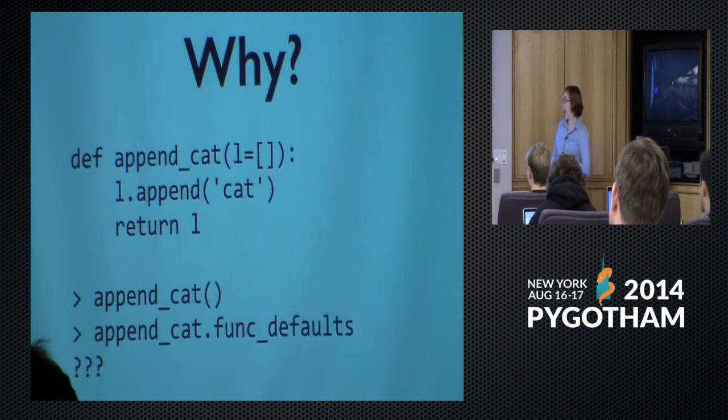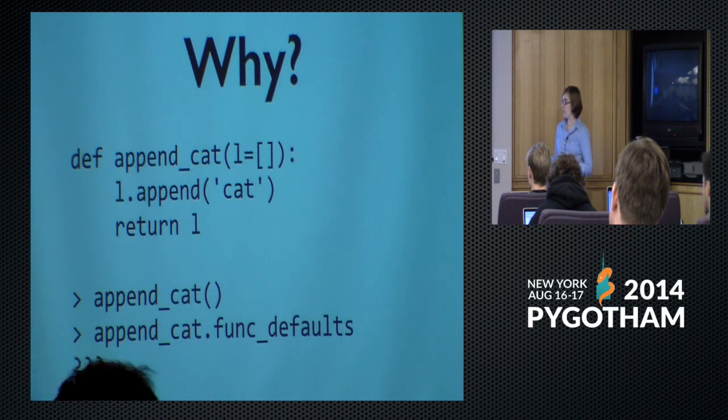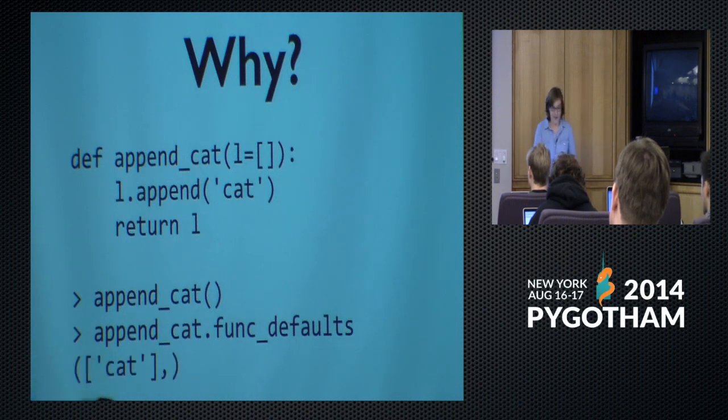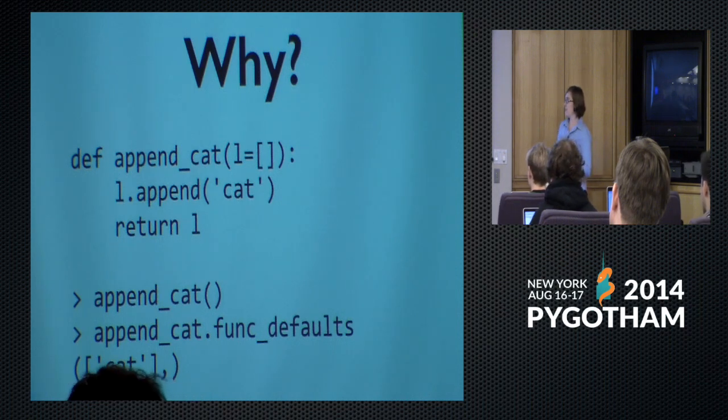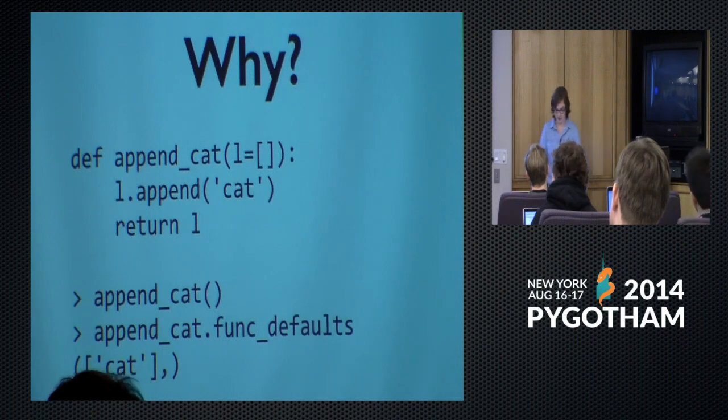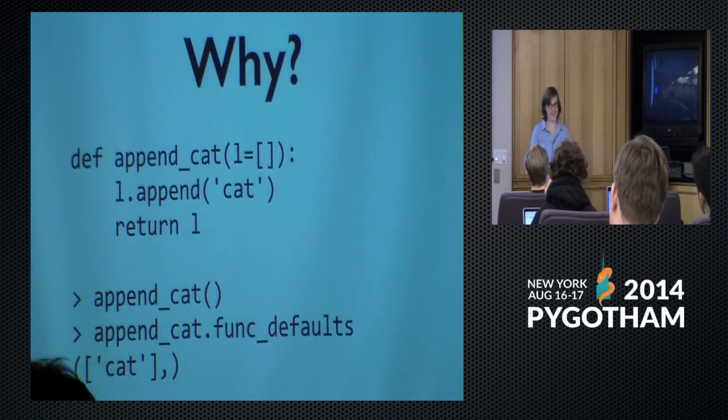If we call append_cat the first time, then we can look at func defaults, and we see that that has changed. One thing that's interesting about this is that tuples are immutable, but they can contain elements that are mutable, like lists, like we just showed here. We changed that list that was in an immutable object.